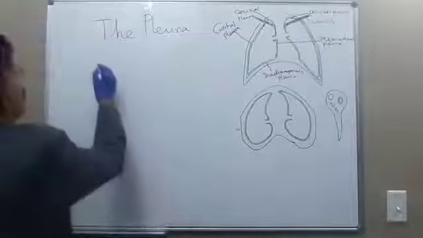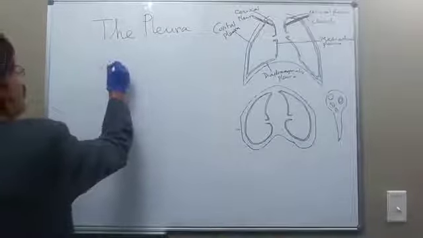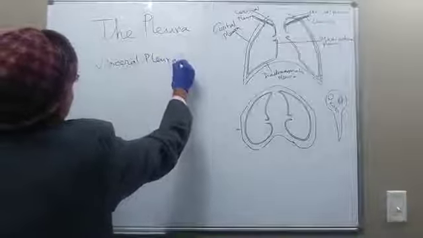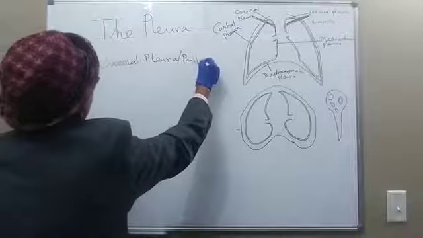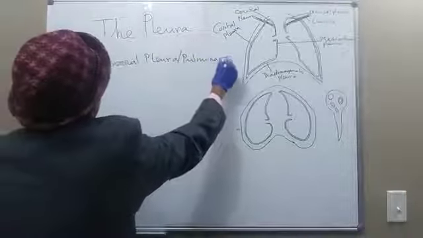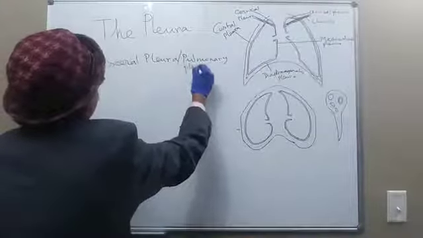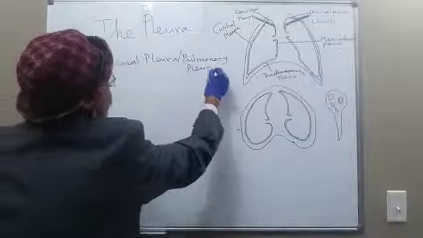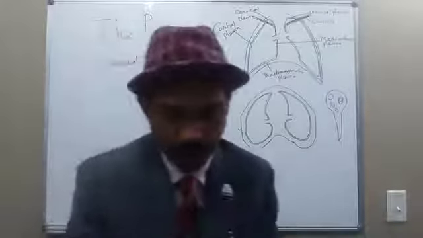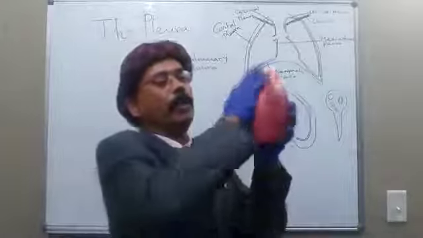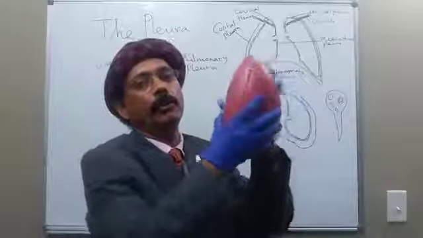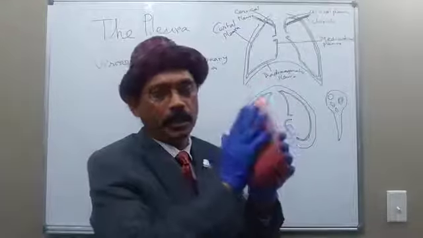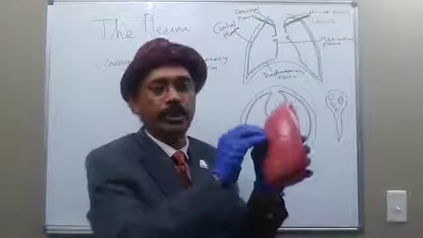Now we go to the visceral pleura or pulmonary pleura. Okay, it covers the lung. This shiny layer over the lung is the pulmonary pleura or visceral pleura, and it covers the entire lung, including the fissure area.